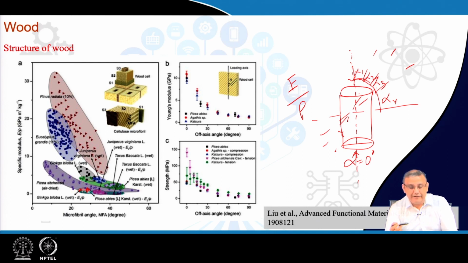As I already mentioned, wood has highest properties when it is loaded along the cell direction, that is along the trunk direction. However, as we move more towards the off axis orientation and at 90 degree we reach the transverse orientation, the properties of the wood will vary significantly and will be much lower.